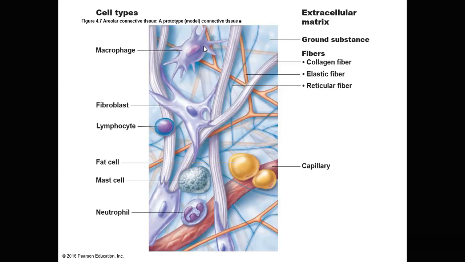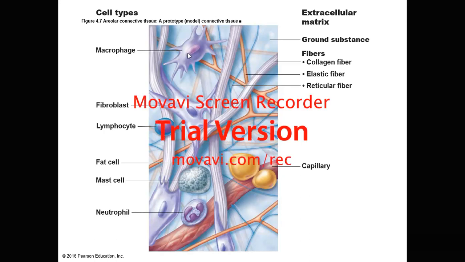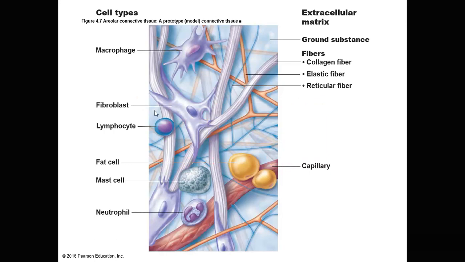And here you have a macrophage. A macrophage is a white blood cell. A fibroblast. So again, the fibroblasts are going to produce the extracellular matrix. They're going to make the collagen and elastin.